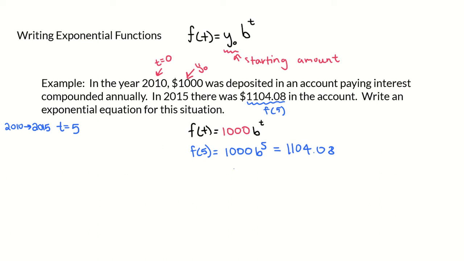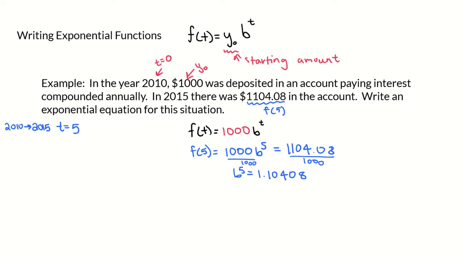If we do that, we get b to the 5th equals 1.10408.